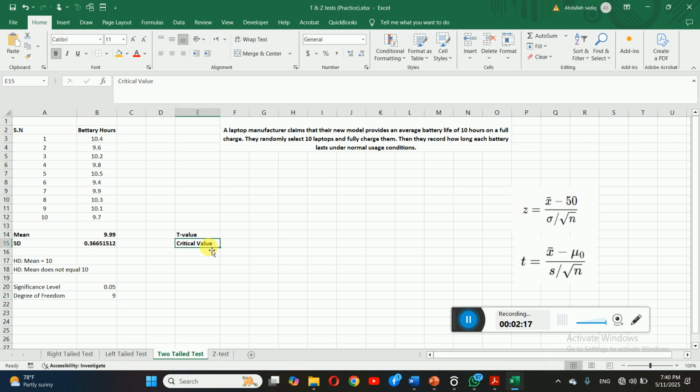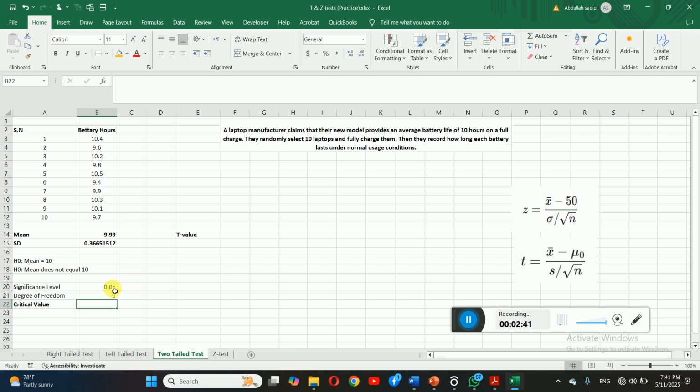From this data you can find out the critical value. Just go into the t distribution at 0.05 and check the degree of freedom 9. Keep in mind this is the alpha level, which is 0.05, but in a two-tail test you should search for 0.05 over 2. It means 0.025.